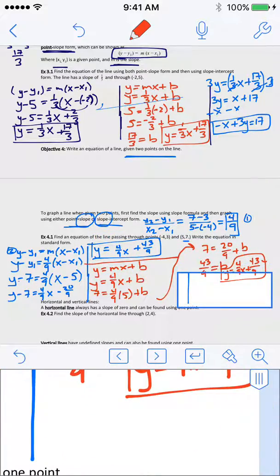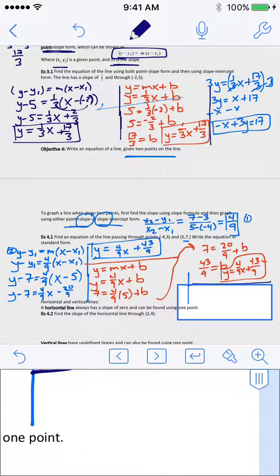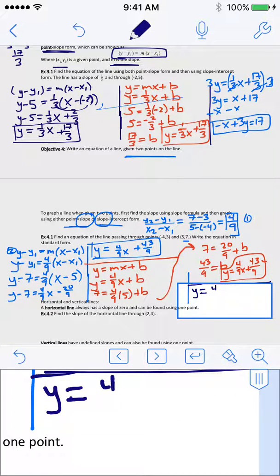The last thing I want us to do is convert it to standard form, and we've already seen one of these in the last problem, so luckily we can do the same thing. I'm going to start off with y equals 4/9 x plus 43/9. Notice how many times I'm saying ninths. If they match, it's super easy to know what to multiply by, right?